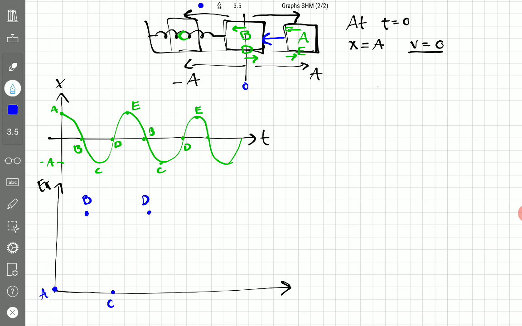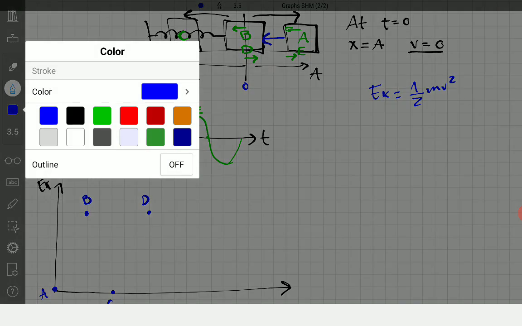Now, if you think about it, kinetic energy is equal to 1/2 mv squared, but this can never be negative. It doesn't matter if the velocity is negative or positive. Because you're squaring the velocity, this will always have a positive value. So unlike the displacement versus time graph, the kinetic energy versus time graph cannot go negative.